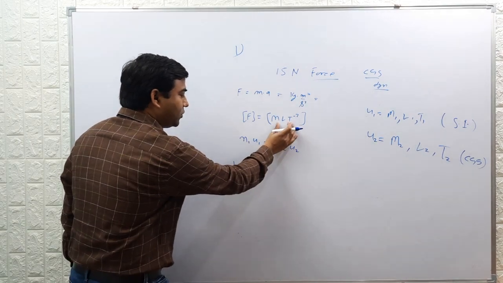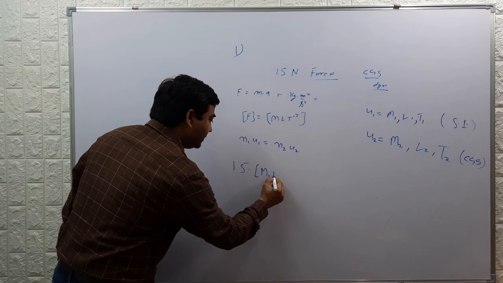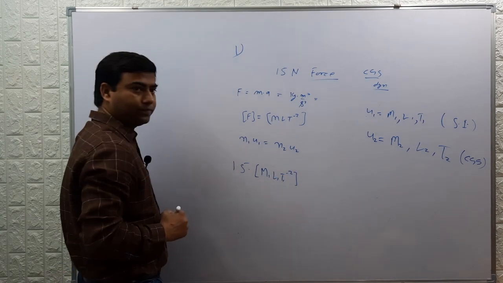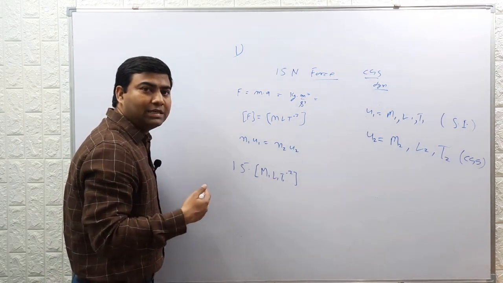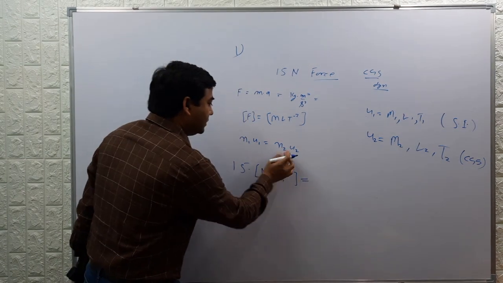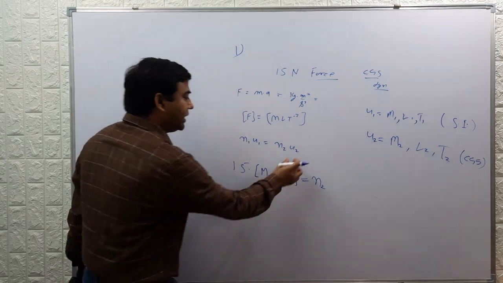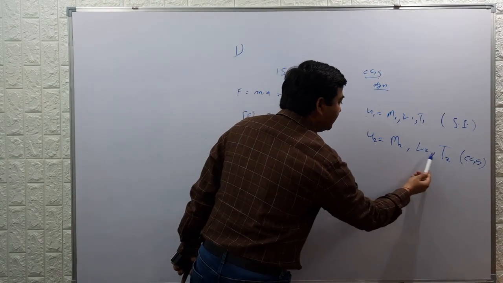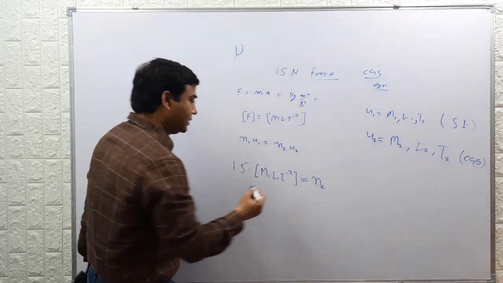So from this formula, in the SI system it is M1 L1 T1^-2, where M1, L1, T1 are symbols in the SI system. Let the numerical value in the CGS system be N2, and U2 is the CGS unit, in which M2, L2, T2 are for mass, length and time.